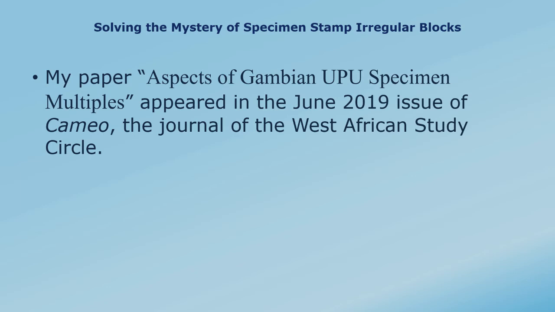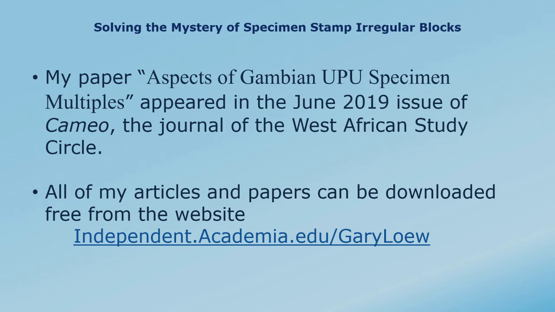But if you would like, you can download a copy of that paper as well as all of my published works. I store everything I write on academia.edu, which is a website that academics, which I am not, use for publishing their papers and distributing them widely.